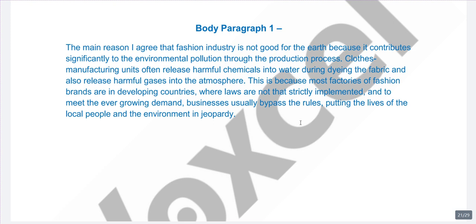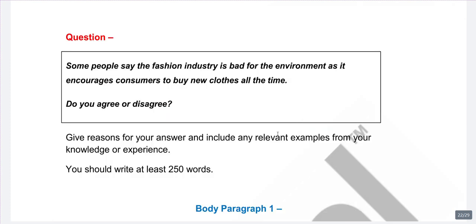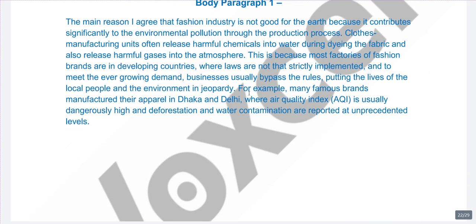But okay, so we have explained why we agree that this fashion industry is not good for the environment. And now we're going to end this paragraph with an example. For example, many famous brands manufactured their apparel in Dhaka and Delhi, where air quality index AQI is usually dangerously high.